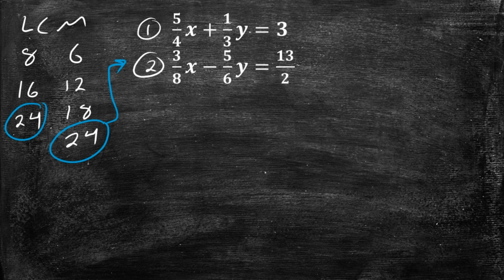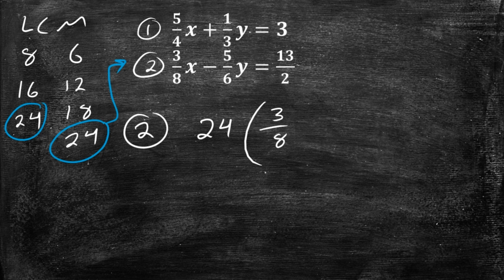So let's do that. So equation number 2, we have 24 times the entire thing. So 3/8 x minus 5/6 y is equal to 13 over 2. And now we are going to distribute the 24 into everything.